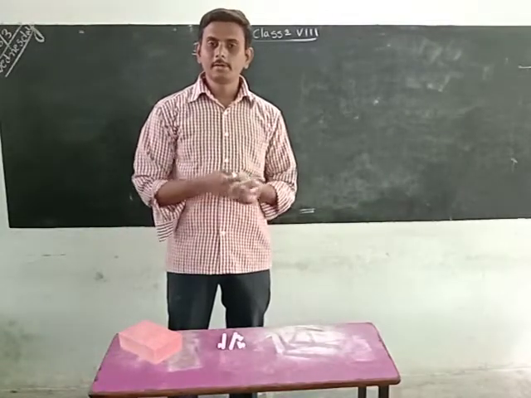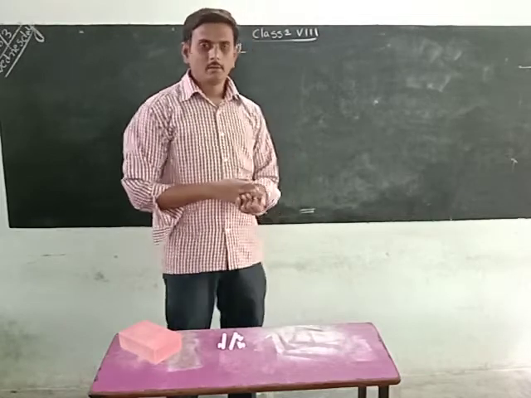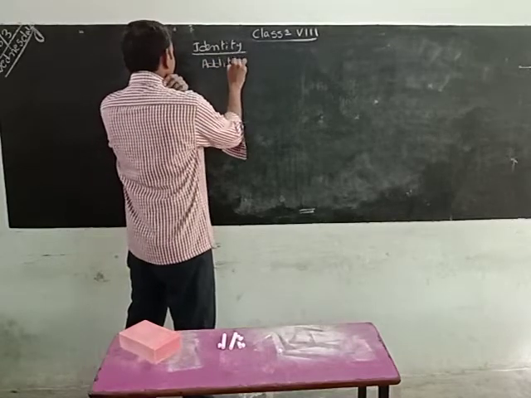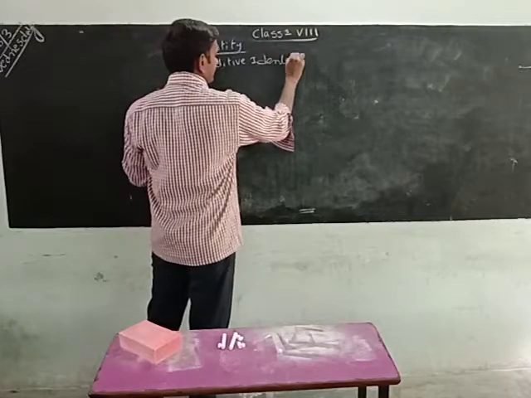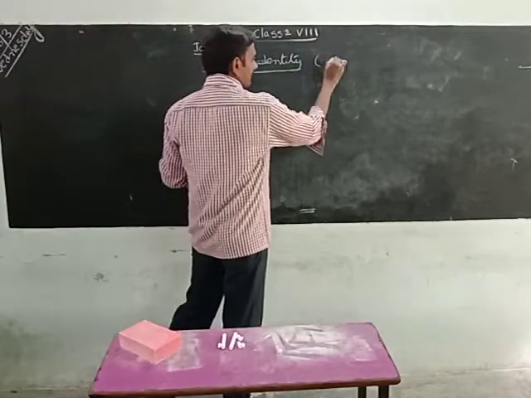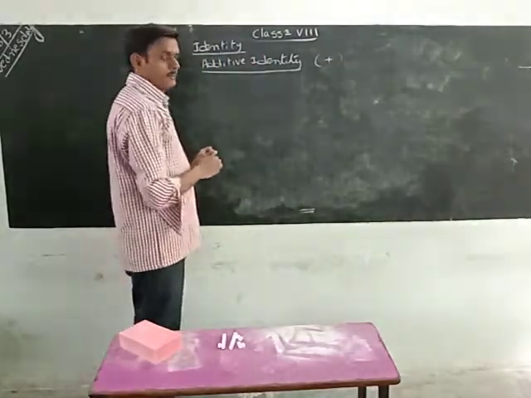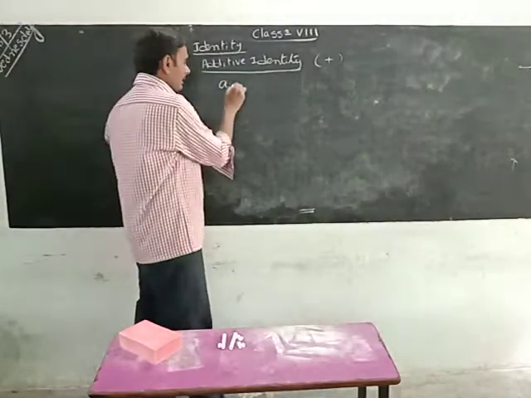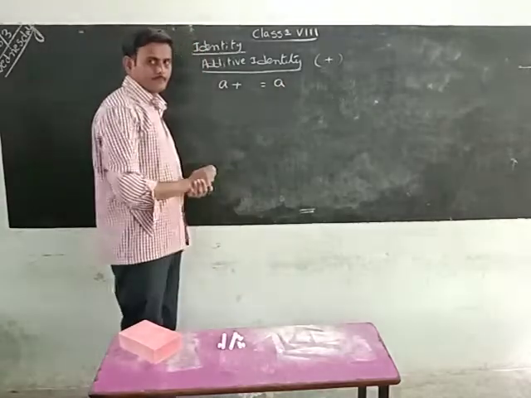By using the plus operator, we can identify the additive identity. Whenever you use the plus operator, if you take a rational number and add it with one rational number, you will get the same rational number.